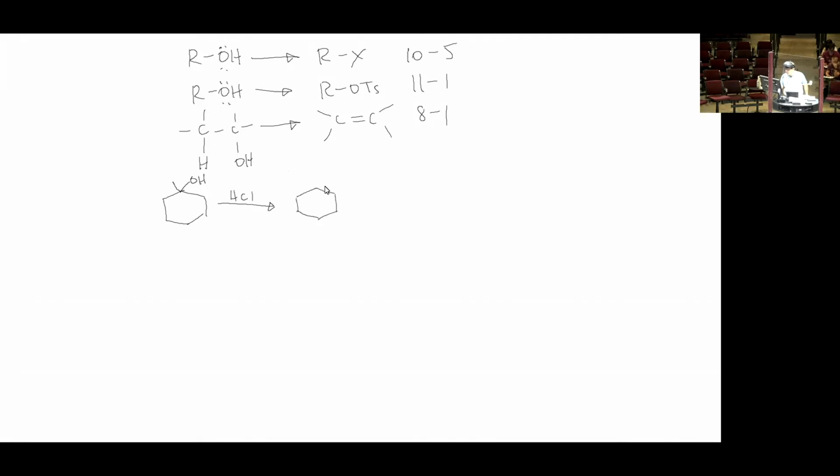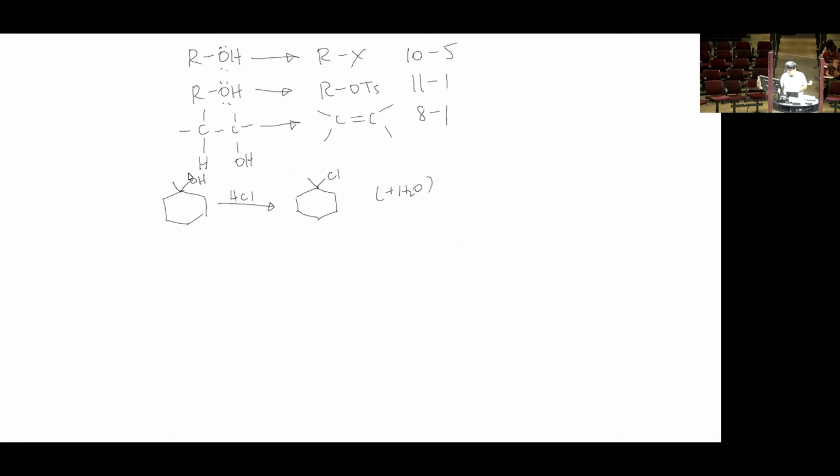In this case, you would get the tertiary alkyl chloride, looking much like that. And you'd also get a molecule of water. That would be our inorganic side product. But the major organic product will be this alkyl chloride. Or if we used HBr, it'd be an alkyl bromide, HI, and it would be an alkyl iodide.